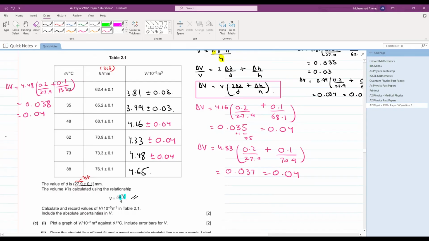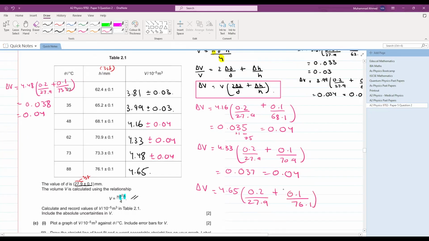I think we have some space here. The absolute uncertainty in volume will be equal to what? The absolute uncertainty in volume will be 4.65 multiplied by 0.2 divided by 27.9 plus 0.1 divided by 76.1.